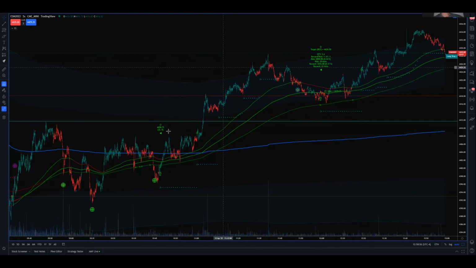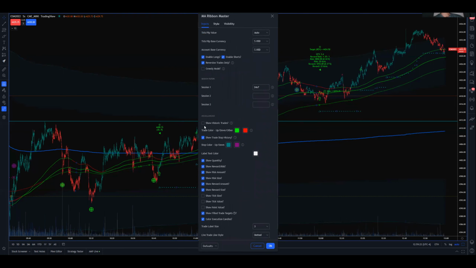You can turn on or off the historical information to have it always on here instead of having to hover over the previous one to see the previous information. But if you want to show all of them, let's see where it actually is. Show historic trades.